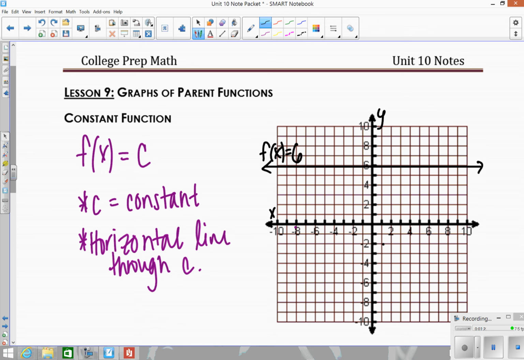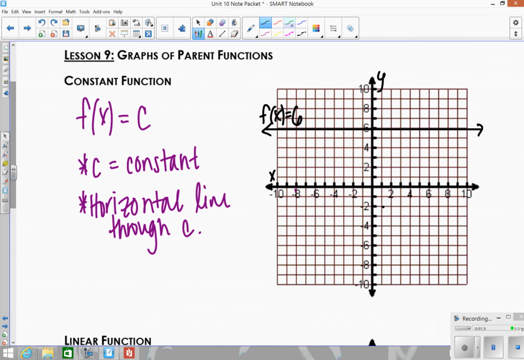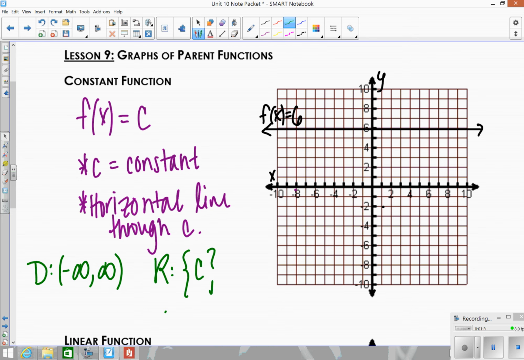Then the domain of constant functions, if you look at this graph, you're always going to have all x values included. So it's going to be negative infinity to positive infinity. But the range is just going to be whatever that c is. It's just going to be one single element. So the outputs are only 6 for this one, but I'm going to leave it as c because it's going to depend on whatever the constant is.